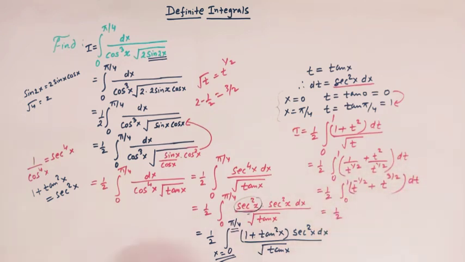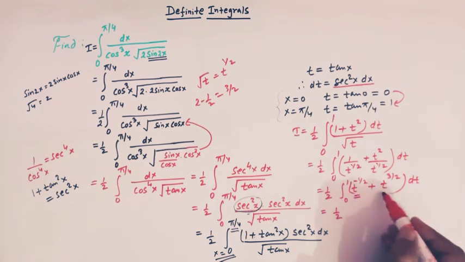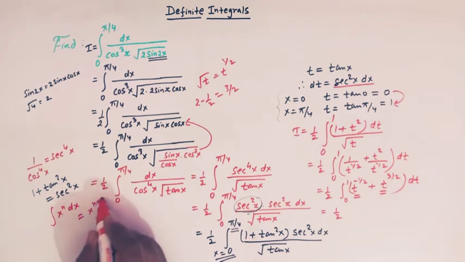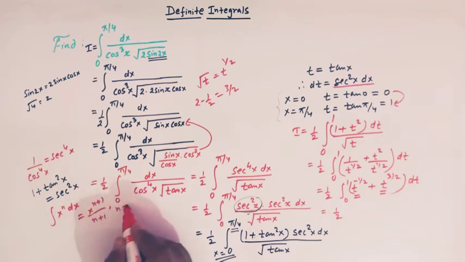Now we can integrate these two terms by making use of the result that the integral of x raised to n is x raised to n plus 1 over n plus 1, whenever n is not equal to minus 1.